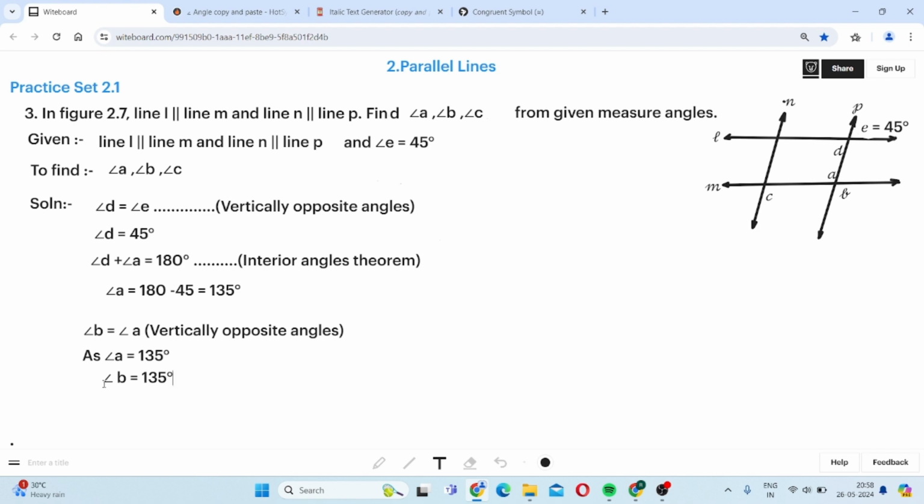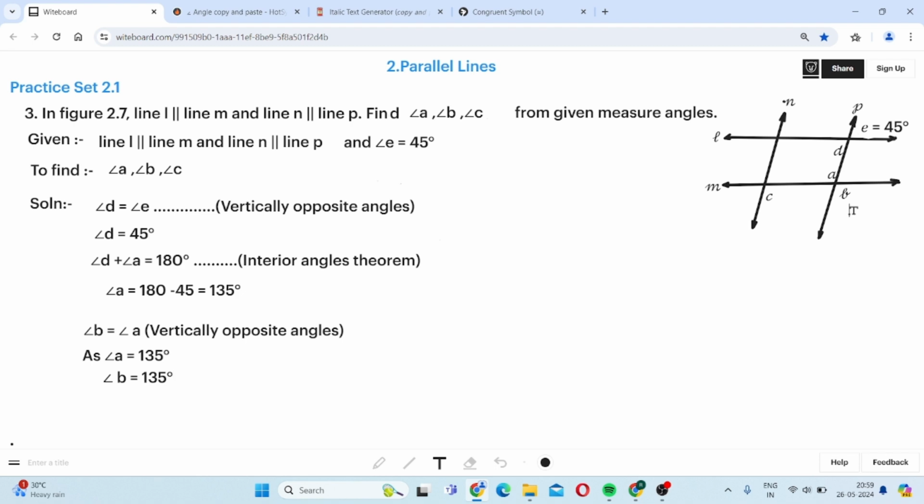Our third angle is angle C. Now see, as lines L and M are parallel lines, similarly, line N and line P are also parallel lines. So angle B and angle C are a pair of corresponding angles formed by N and P as parallel lines and M as a transversal.